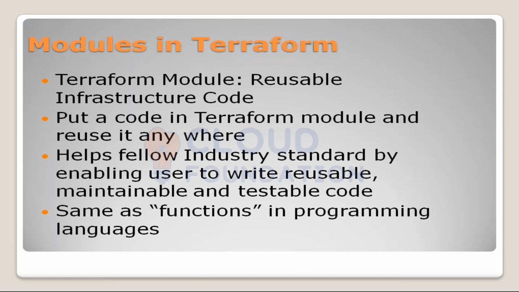We should be able to make reusable components so that we can just call them and get our job done. These are basically exactly like functions in a programming language, where we write a block of code and put it in a function. Then whenever we need that, we call that function.